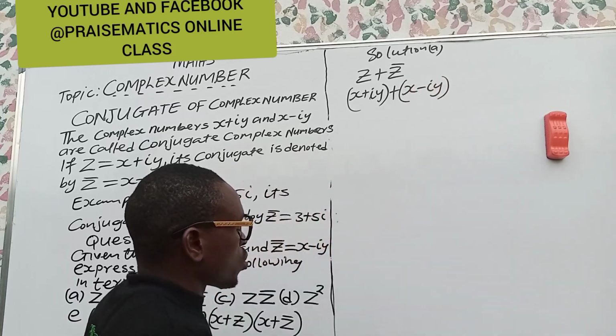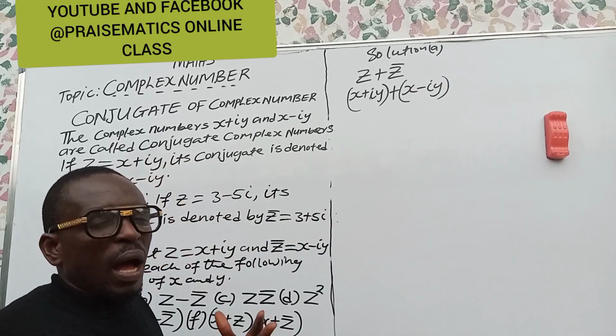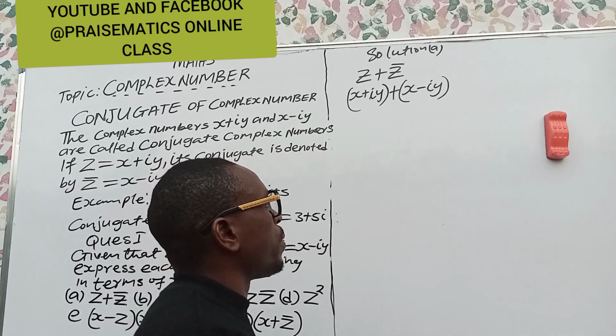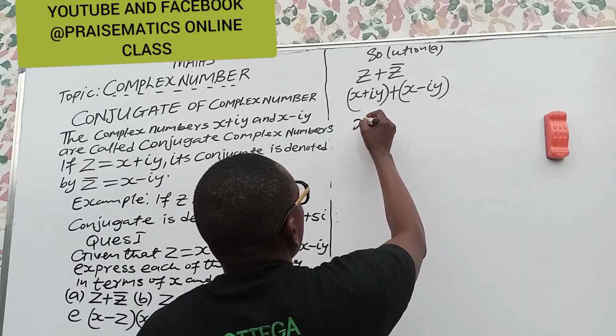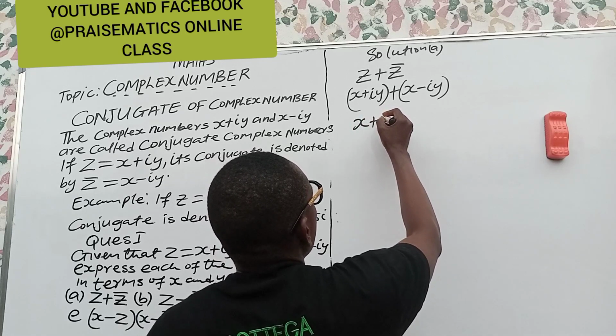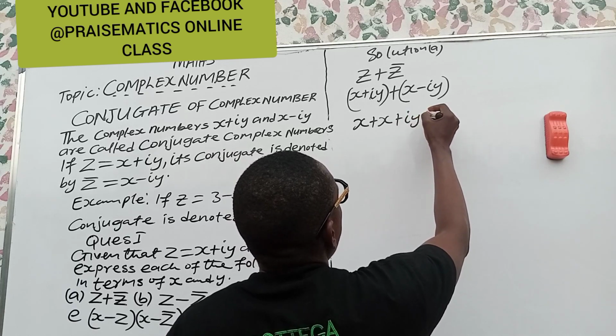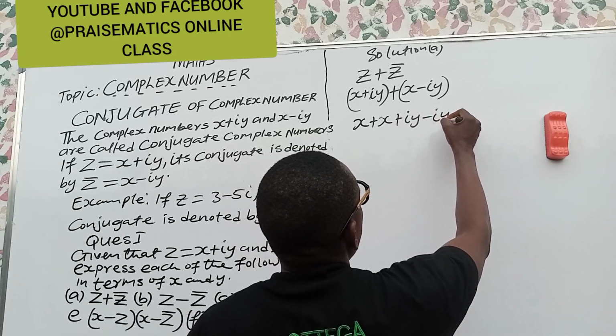So how do we add this? We are going to add real part to real part and imaginary to imaginary. So now what do we have? x plus x, plus iy minus iy.